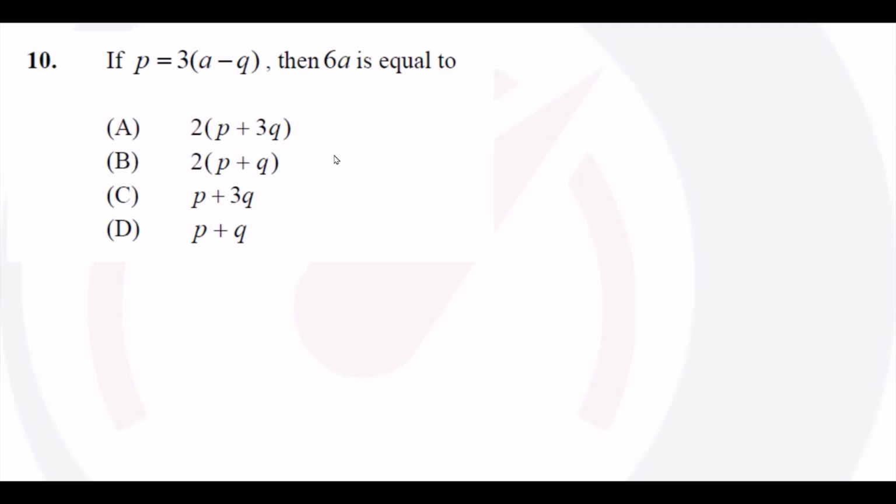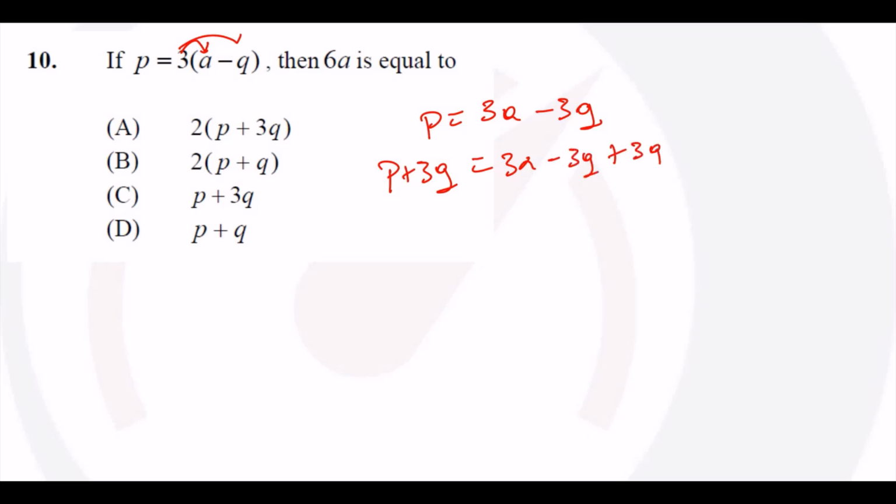Question 10. If P is equal to 3 open bracket A minus Q, then 6A is equal to. So let's transpose for A and see what we get. So P is equal to, and let's apply the distributive law here, 3A minus 3Q. And now we're going to add 3Q on both sides of our equation. So we have P plus 3Q is equal to 3A minus 3Q plus 3Q.